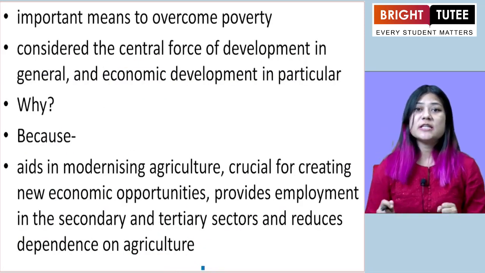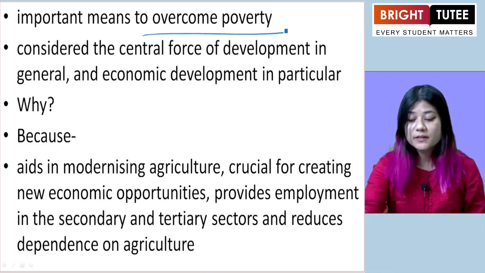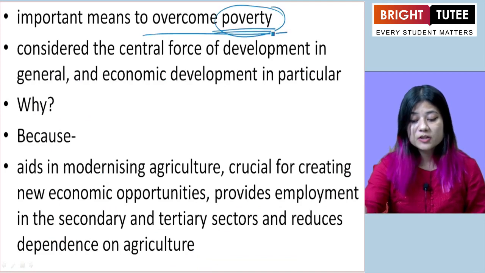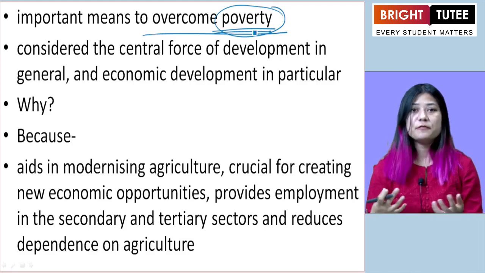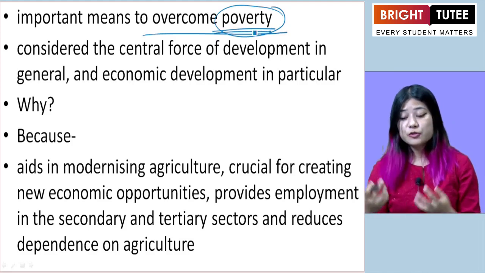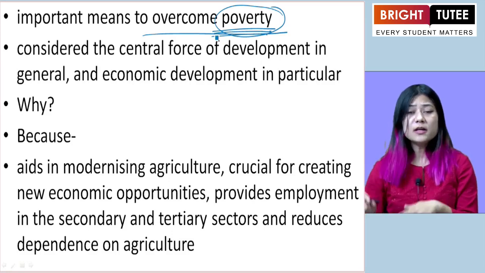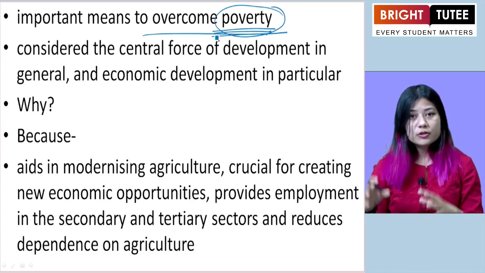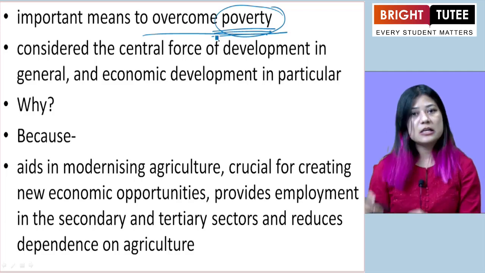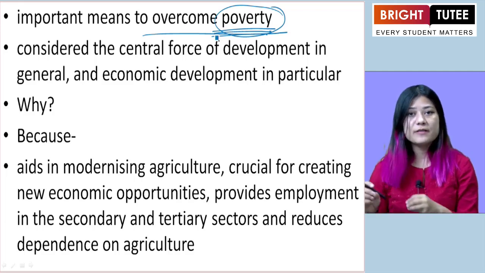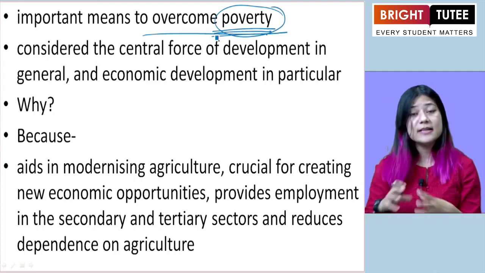Now, manufacturing industries are also important because they help to overcome poverty, which is a challenge faced by countries like India. Majority of people are suffering due to poverty. Lots of people live under the poverty line. So in order to address the issue of people living in poverty, manufacturing industries help in that process.